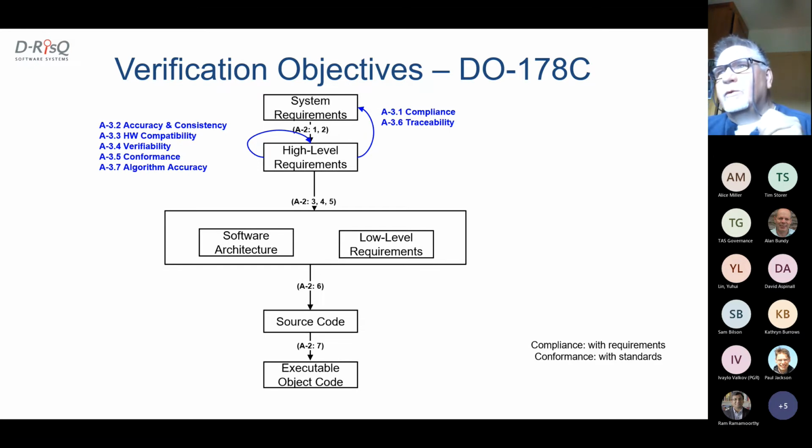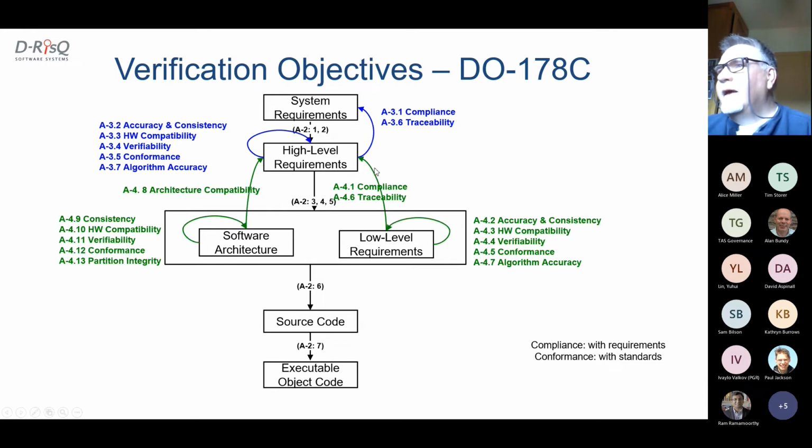They reference specific paragraphs within DO-178C, which you need to look at, interpret and work with certifiers in order to provide the necessary evidence.